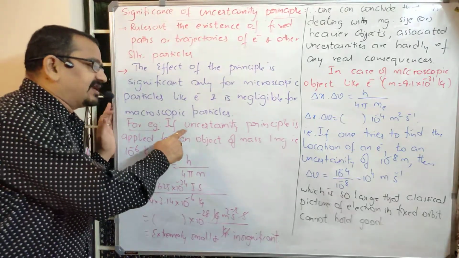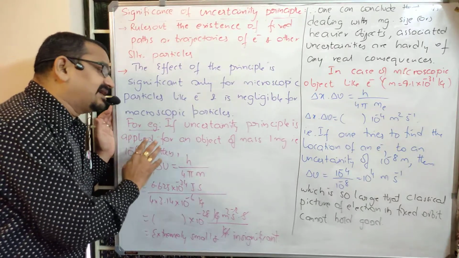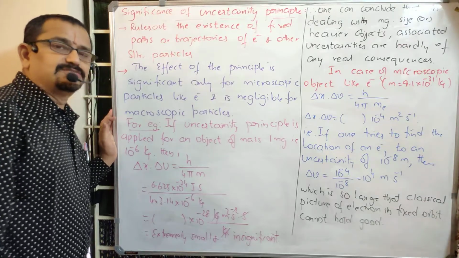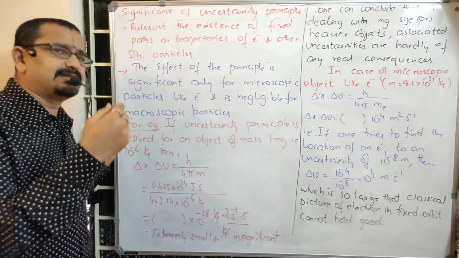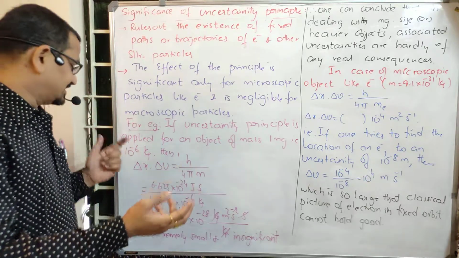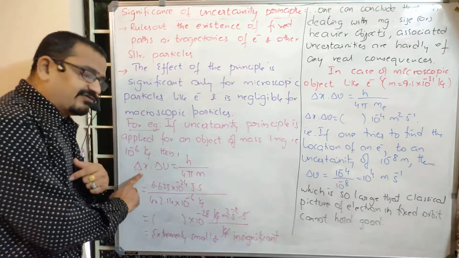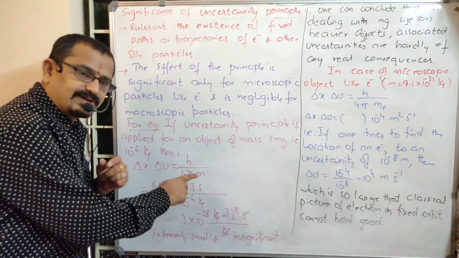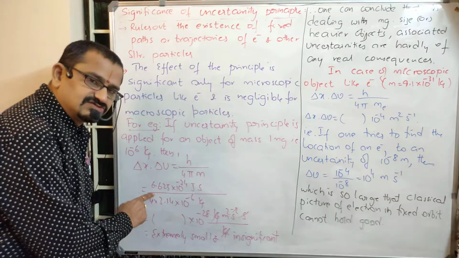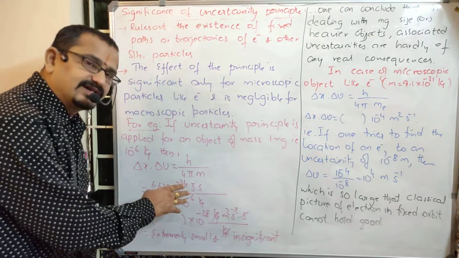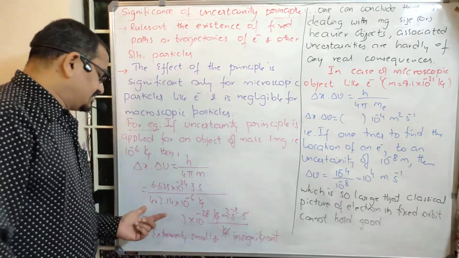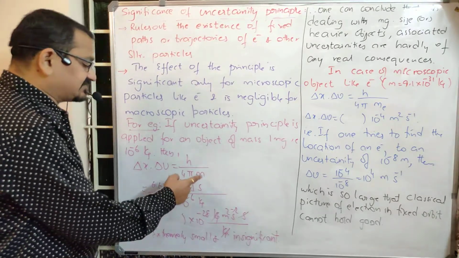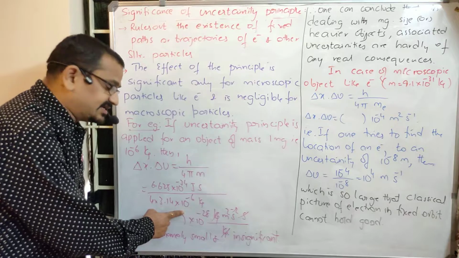For example, if the uncertainty principle is applied for an object of mass 1 milligram, 1 milligram means 10 power minus 3 grams, means 10 power minus 6 kg. Then the product of uncertainties of position and velocity can be given as h by 4 pi m. h is Planck's constant, whose value is 6.625 into 10 power minus 34 joule second, and pi value is 3.14, and the mass of the object is 10 power minus 6 kg.